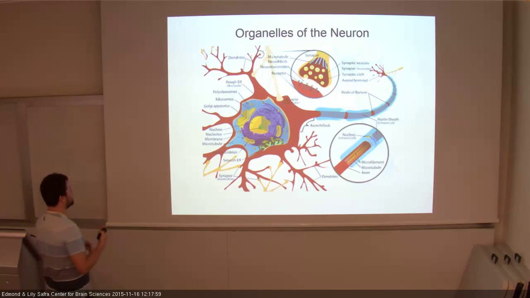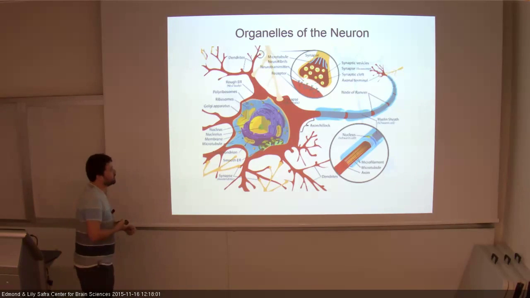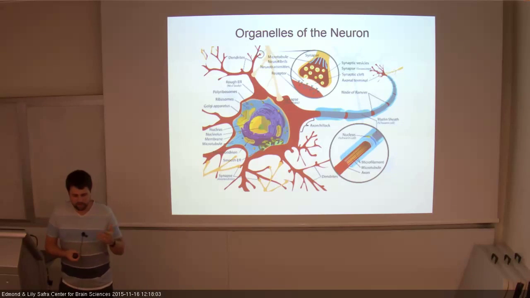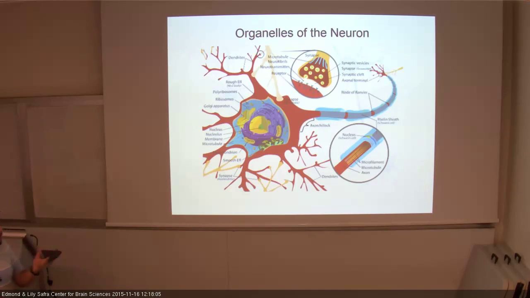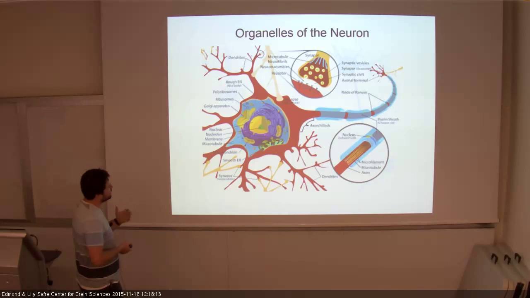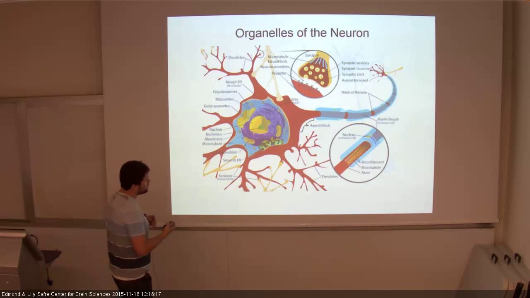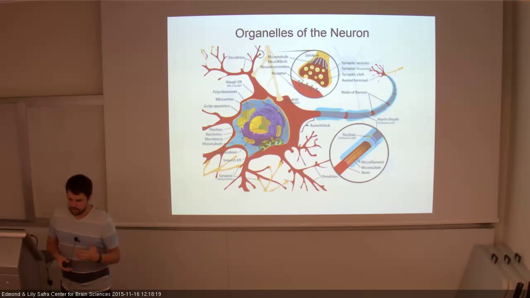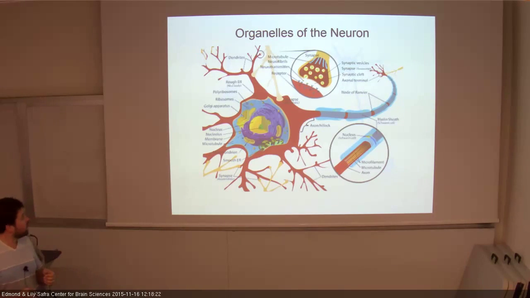This is not a very good picture, but in general, we can say that there are two structures that are unique to neurons, and in a sense they're like organelles of the neuron, which is not very exact. But in general, you have the synapse. As you know, each neuron has about 10,000 synapses on average.